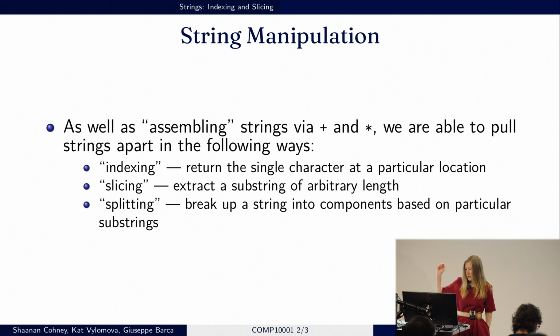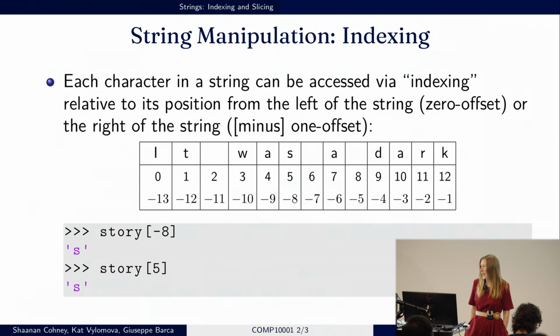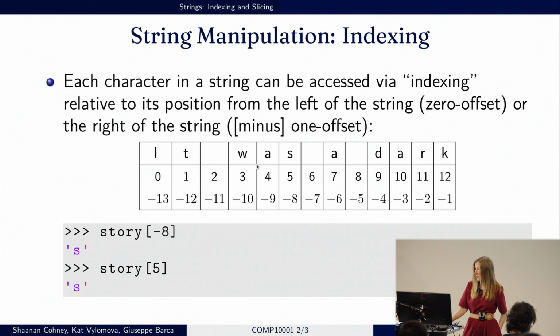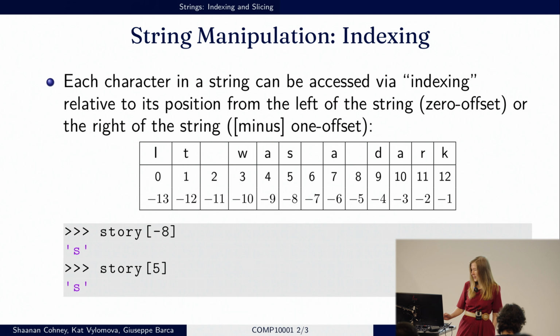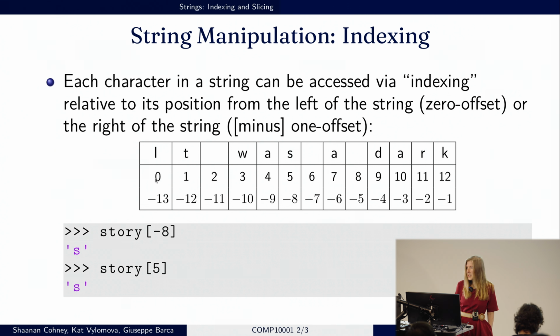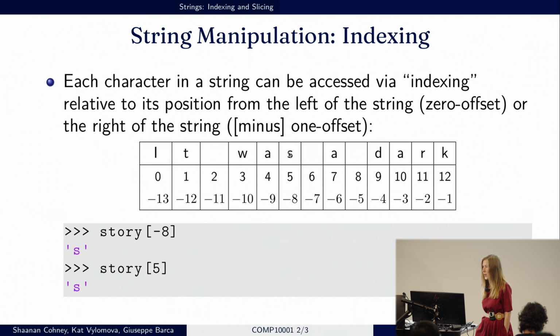So let's go through this example. In Python, as in most programming languages, strings are represented as a sequence of characters. And our counting always starts from 0. So we have this string, "it was dark". The very first character, "i", has a position or index of 0.